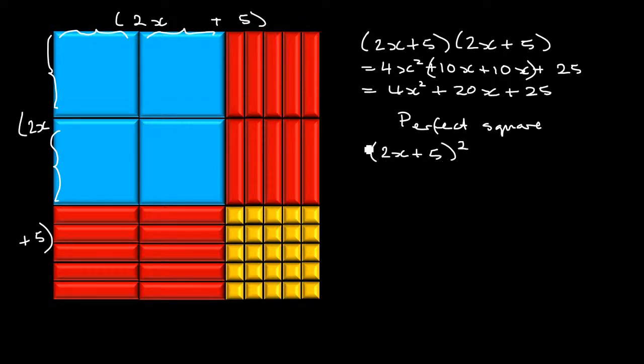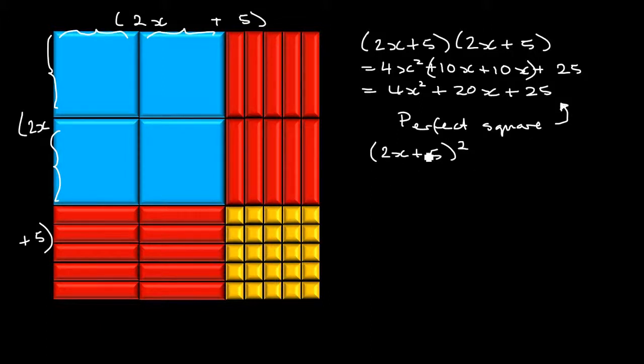So 2x plus 5 times 2x plus 5 can be written 2x plus 5 squared, because that's what it is. So look out for these perfect squares. That's an example of a perfect square.